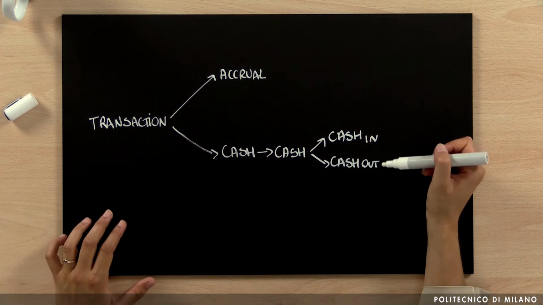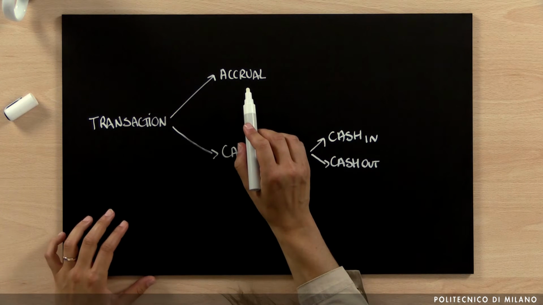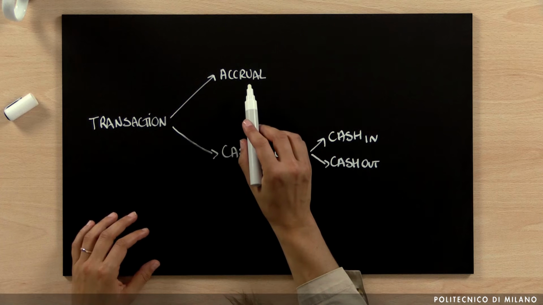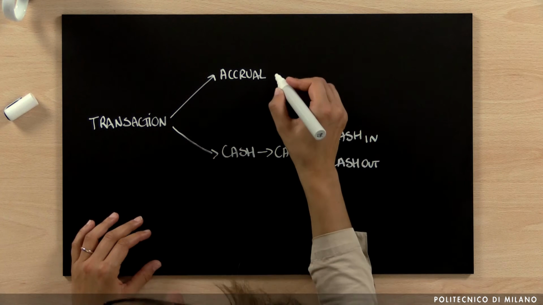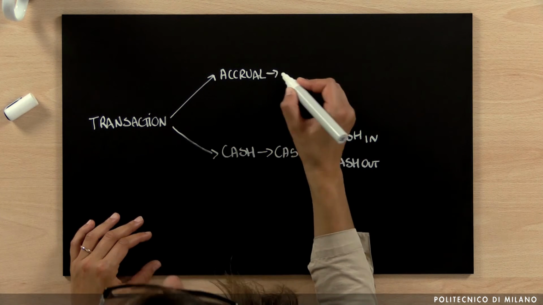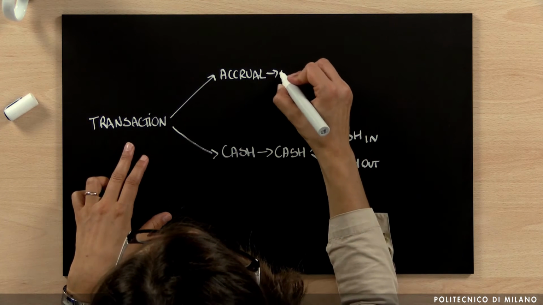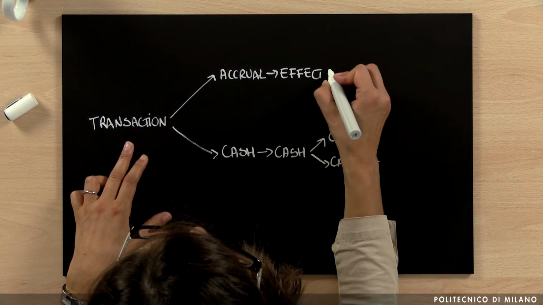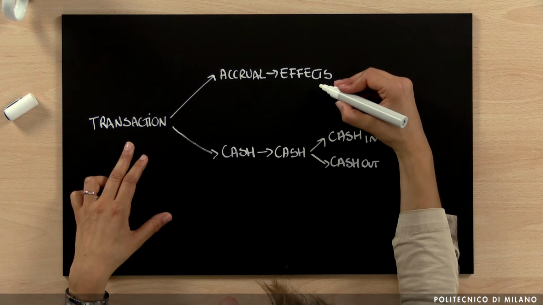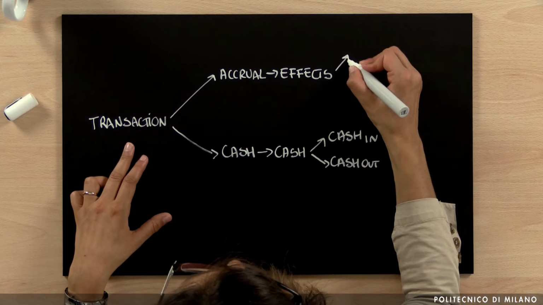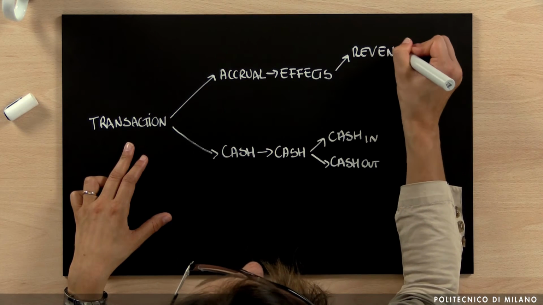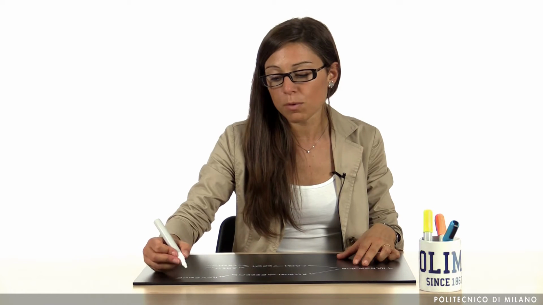A little bit more complex is the accrual logic, but actually this is the focus of the majority of the financial reports. With an accrual logic, we register the events in the moment in which the transaction has its effects. I'm going to explain it a little bit better. If we have the effects, this means that we can register a revenue, and the revenue is registered in the moment in which the company is selling the product.